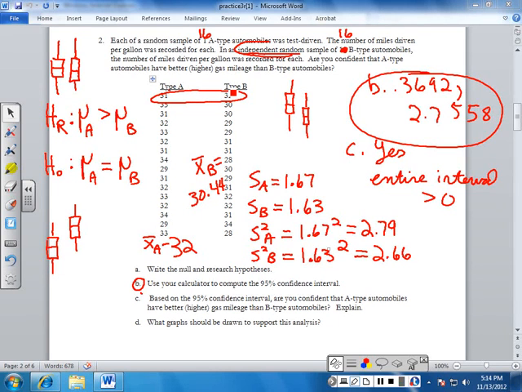I selected yes, or pooled, the first time, knowing that I might have to come back and change it, because it looked to me like both groups had about the same amount of spread. If one group was everything in the low 30s and high 20s, and the other ranged from like 15 to 50, I would have thought they have different standard deviations and different variances. When I did the confidence interval, it gave me the standard deviations, and I squared those and found, in fact, that neither variance was twice the other. Therefore, you pool.